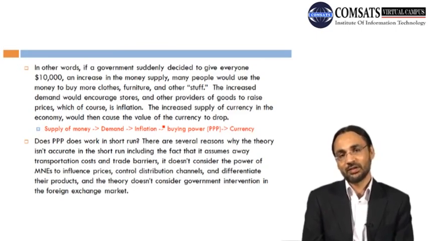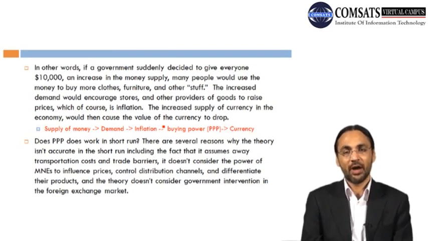Now the studies that have tested the prediction of PPP, as we discussed, say that there are a lot of scenarios, situations, or markets where the prediction of PPP is not valid. Why? Because PPP is not considering the realities of the existing world.